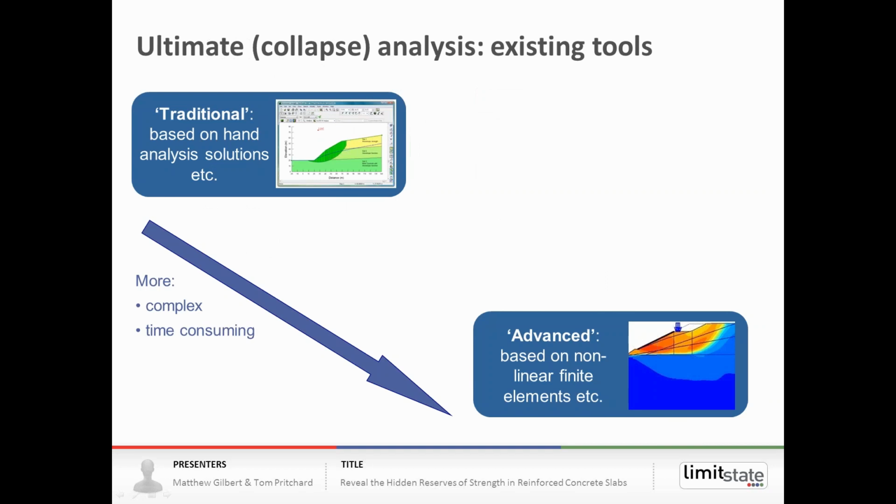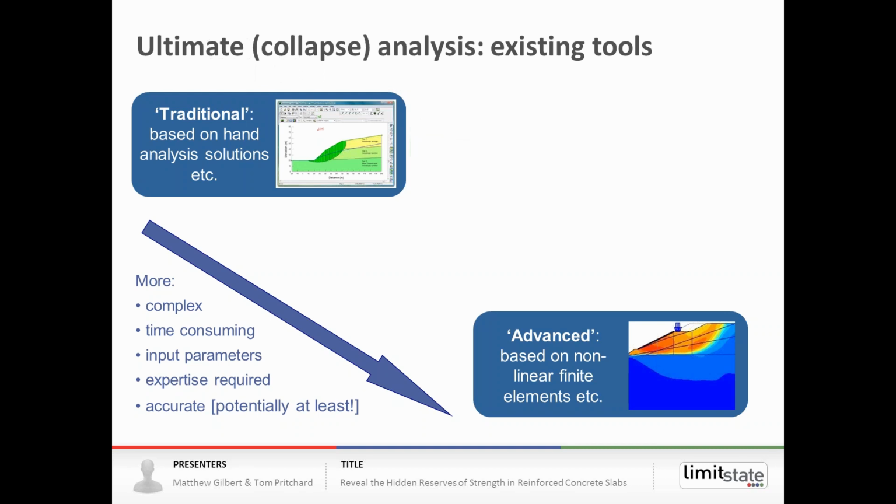In terms of the focus of the company, certainly the early focus and still the main focus is on tools for analysing the ultimate or collapse limit state. If we have a look at tools that are out there in the field, they tend to fall into one or two camps. The first I've identified as being traditional, so hand type calculations on the one hand.